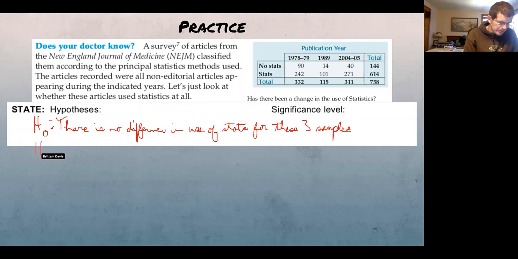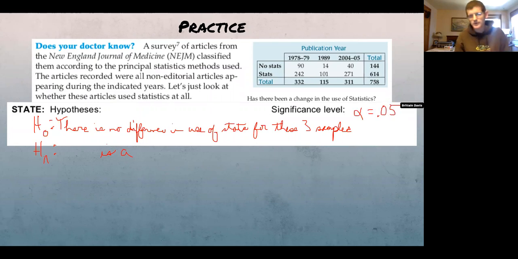Of course, my alternative would be that there is. I'll be a little bit lazy here. So basically there is a difference. My significance level, unless told otherwise, I'll just stick with the standard 0.05. Okay, straightforward with that.